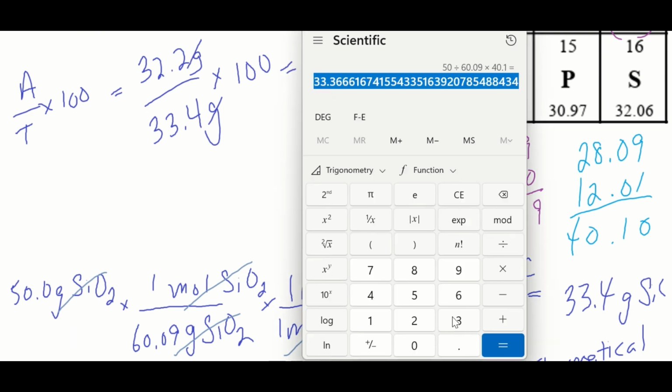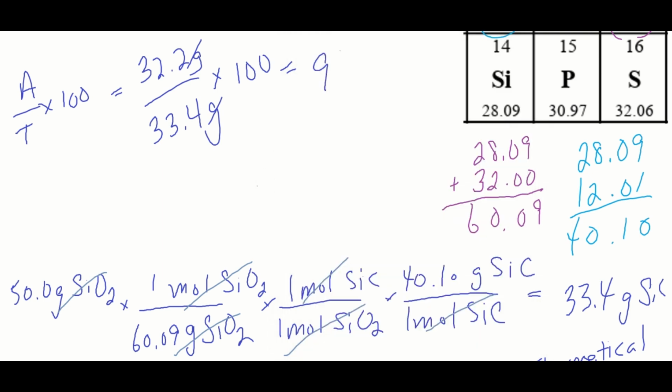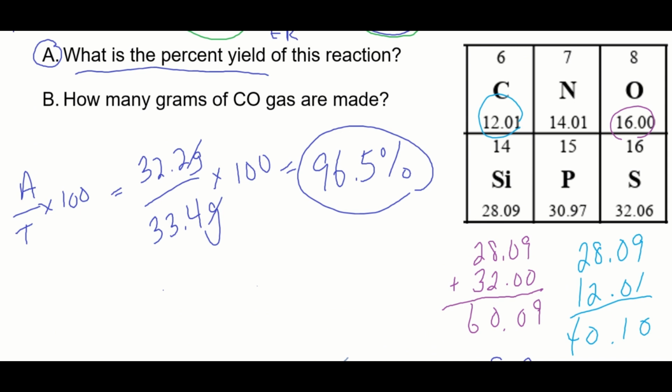I'm going to copy this so I don't use rounded numbers. 32.2 divided by the theoretical yield, times 100. 96.5 is our percent yield. So that's our answer to part A.